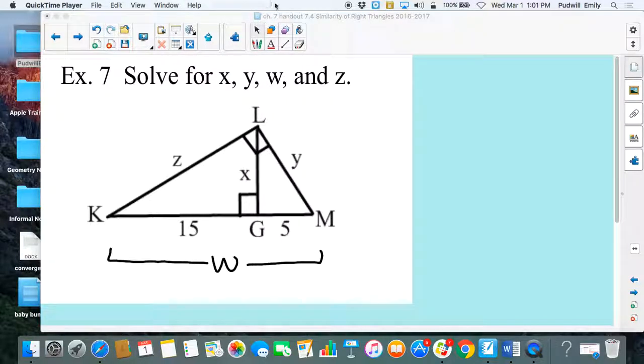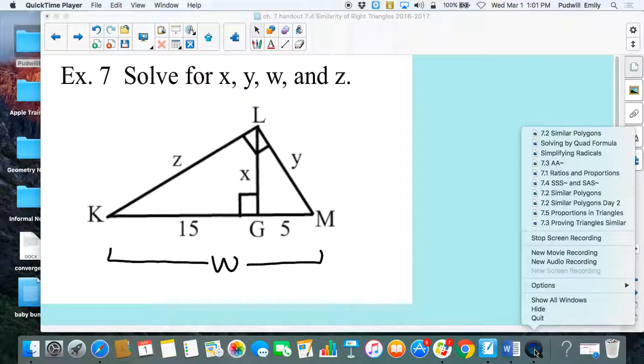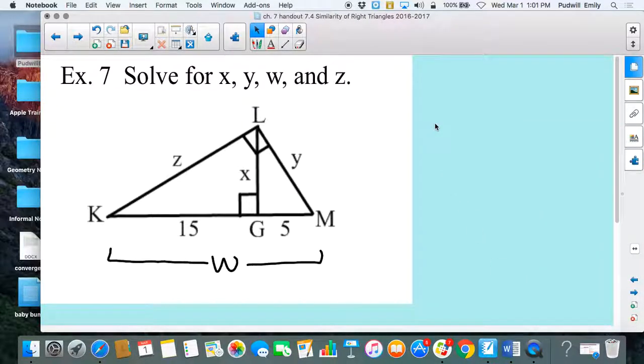I was going to try and pause this, but I need that thing open. Right click it. No, I don't want to stop it. I want to pause it.